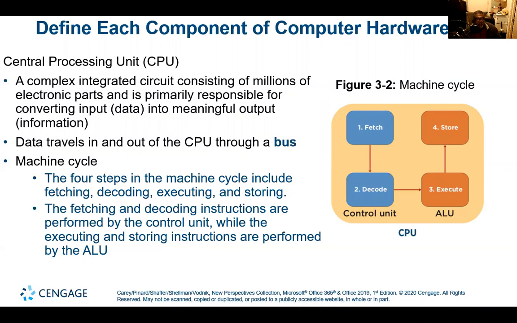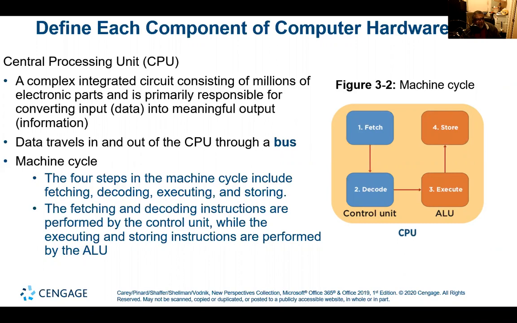When you type something into your computer, you never talk directly to the CPU. You have to go through a series of buses, and there's an actual machine language being utilized that talks to the CPU. Data travels in and out of the CPU through a bus.